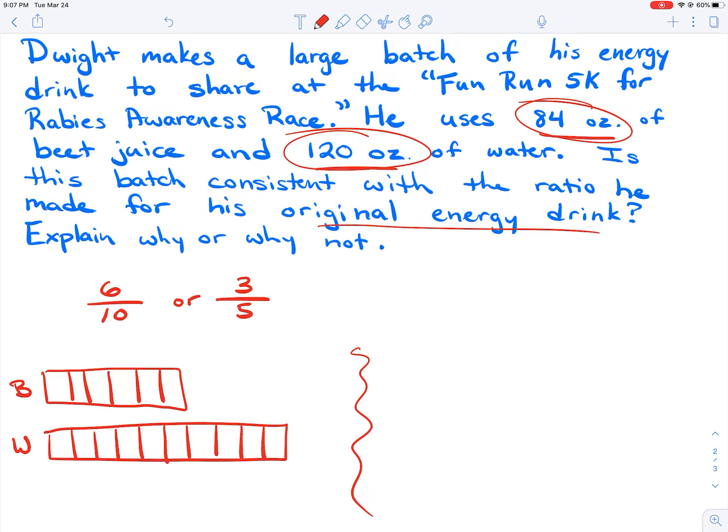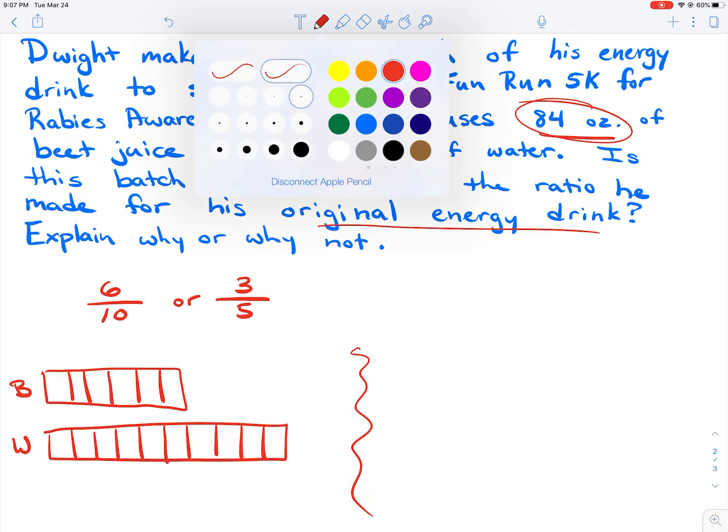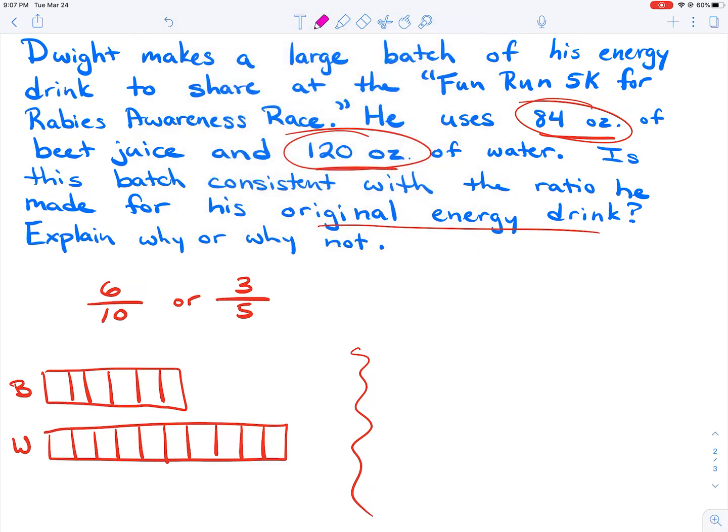So we're going to take that 84 and say that that is the amount of beet juice we have. So now what we need to do is take 84 and divide it by 6 groups. Okay? We also are going to take a look at the bottom and say, all right, this is 120 ounces.